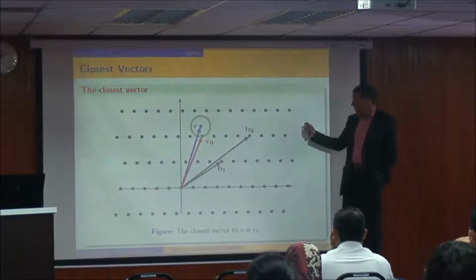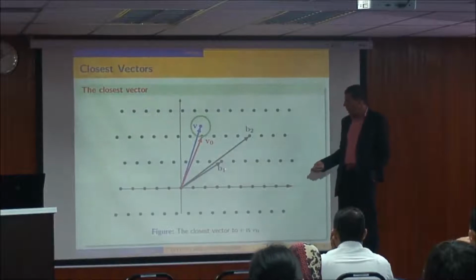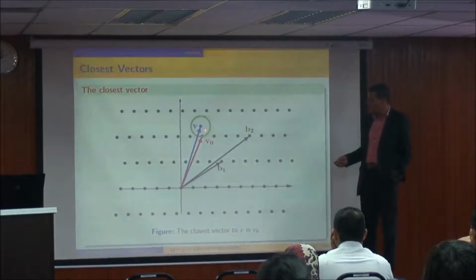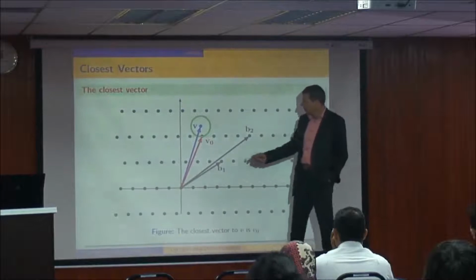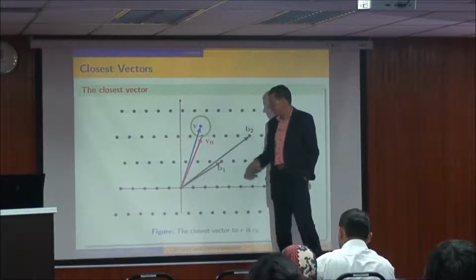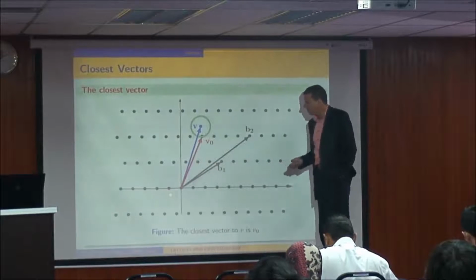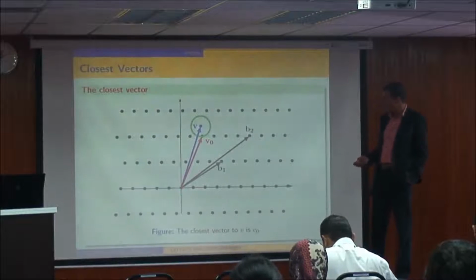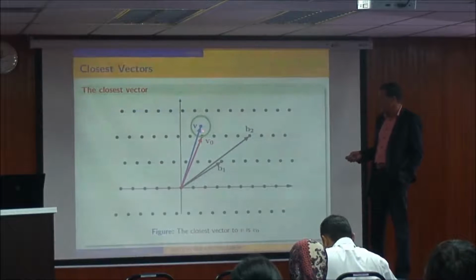So this is a lattice in dimension 2, and we have basis B1 and B2, and we have vector b, and the vector b is not in the lattice. That means that the vector b is not a black point, but here in this place. So we need to find the closest vector b0 to the vector b.